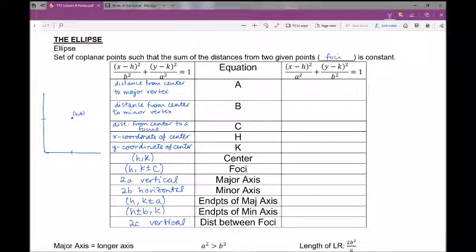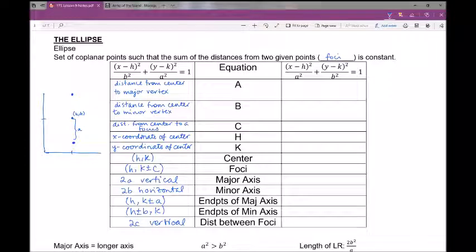The major axis will be the longer of the axes. We might have a vertex here and a vertex down here, but they're going to be the same distance from the center in either direction. Let's say those are our 2 major axis vertices. The distance from the center to that vertex is going to be a.